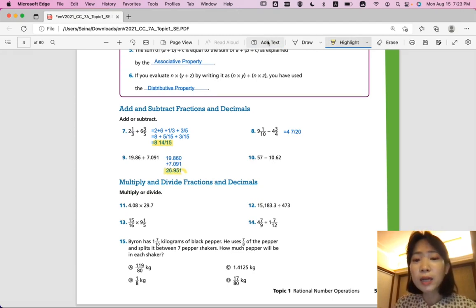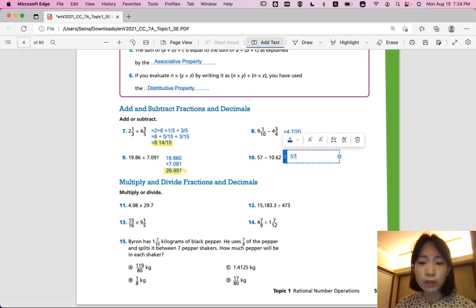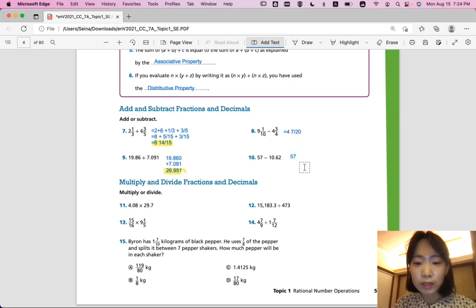Okay, number 10, 57 minus 10.62. In this case, you also have to line up your decimal points. 57 and 10.62. So in this case, 57 has a decimal point after 7, and you can annex 0 after that.